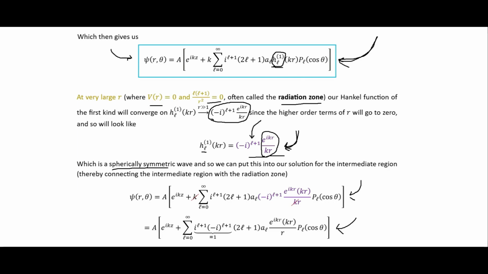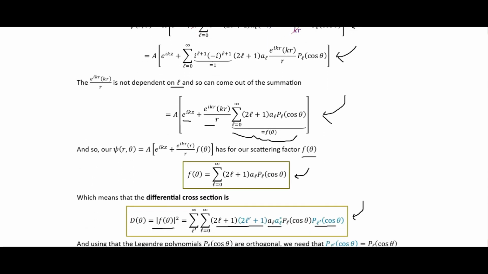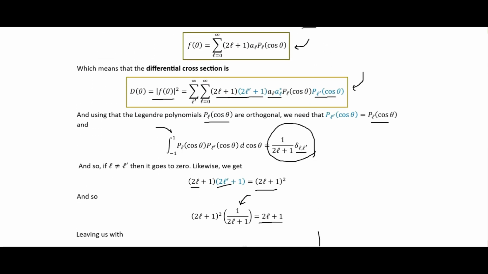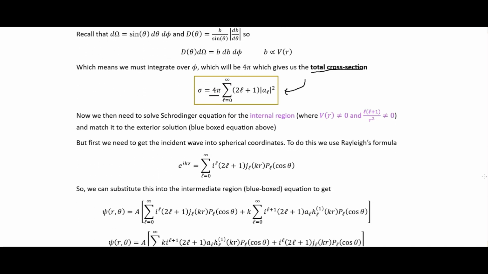So we're connecting the intermediate and the distant, or radiation zone, for that. And so we end up with this as our total cross section. But then we need to solve the equation for the internal region, which is where neither of these are equal to 0, and then match it to those exterior solutions.